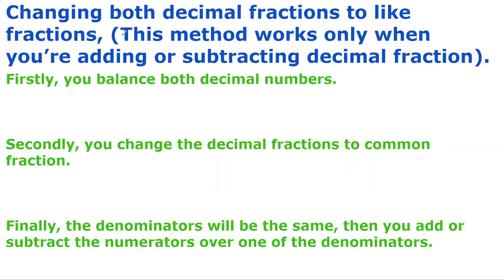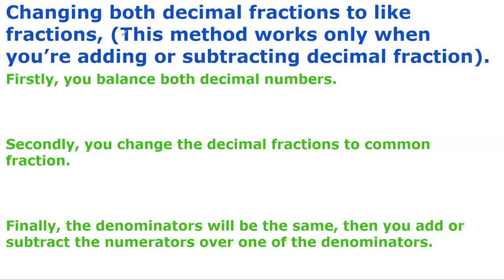So this method works only when you are adding or subtracting decimal fractions. The multiplication and division of decimal fractions also have their own methods, but only addition and subtraction can use this method.